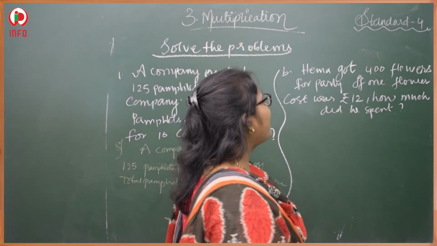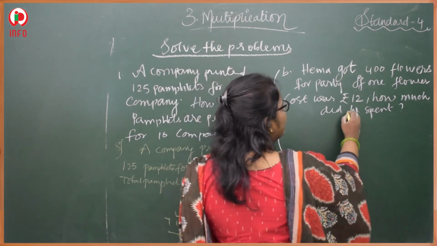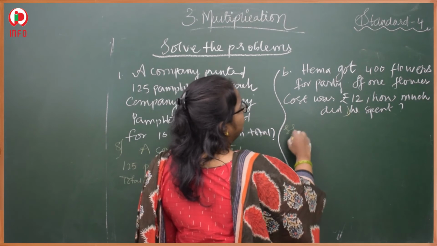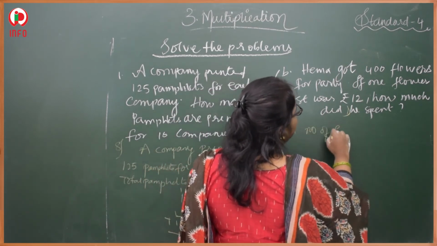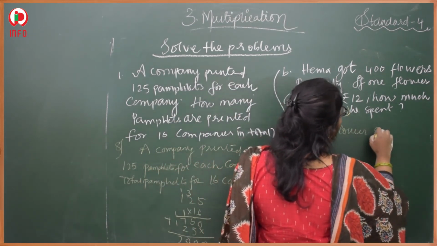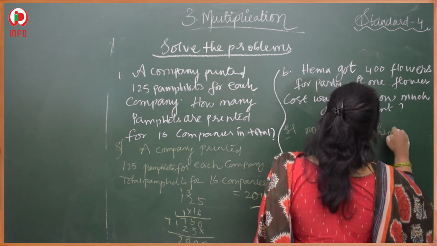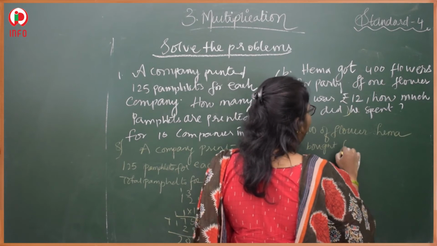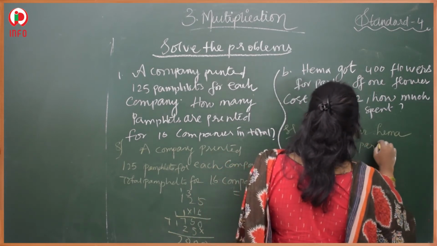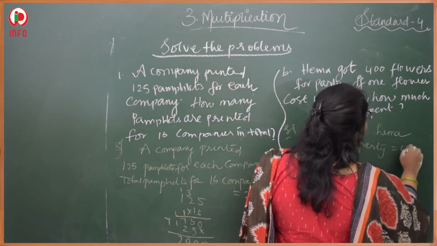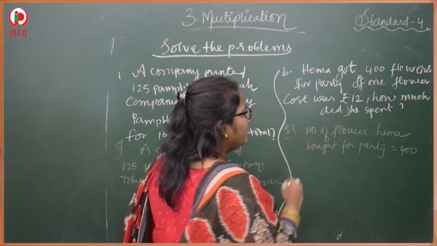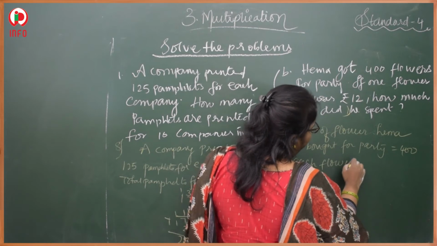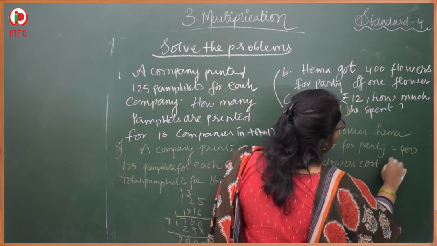Next, Hema got 400 flowers for the party. If one flower costs 12, how much did she spend? Okay. Number of flowers Hema bought for the party, 400, guys. Each flower costs rupees 12.